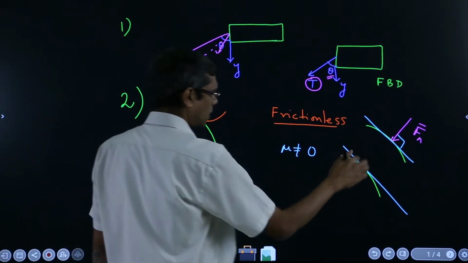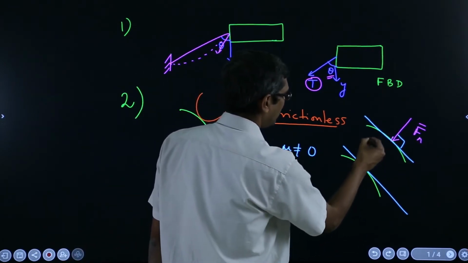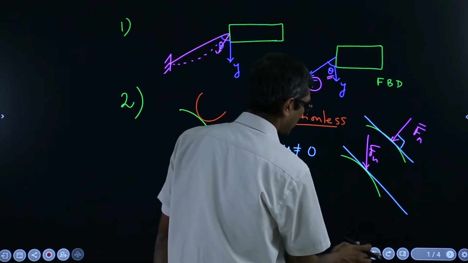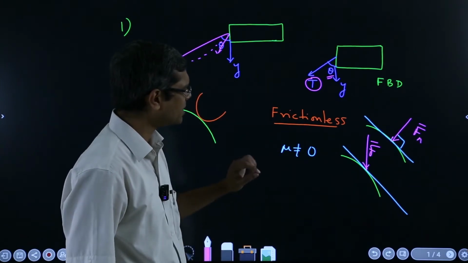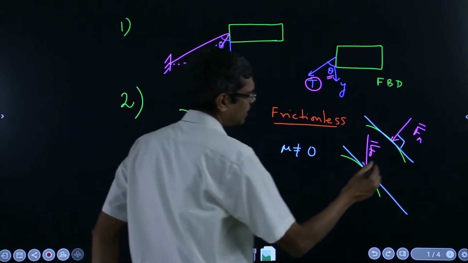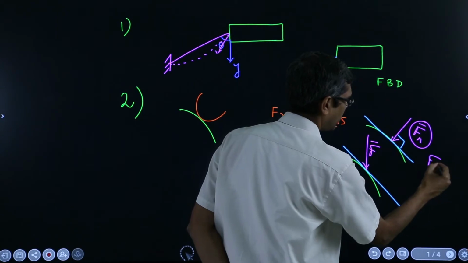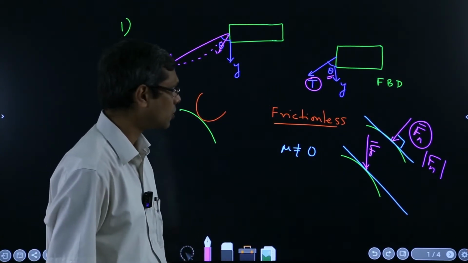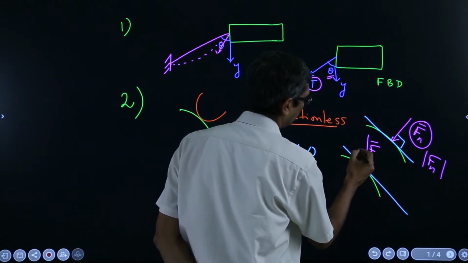Now the force which will come will not be normal to that but at some angle. I will not say n now because it is not the normal force, but there will be some force which acts at some angle. Earlier only the magnitude of Fn was not known. Now even the theta is not known.